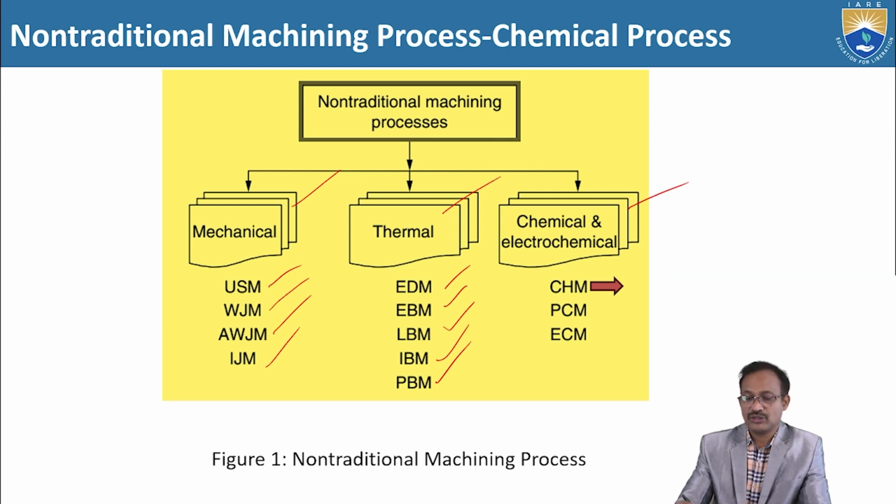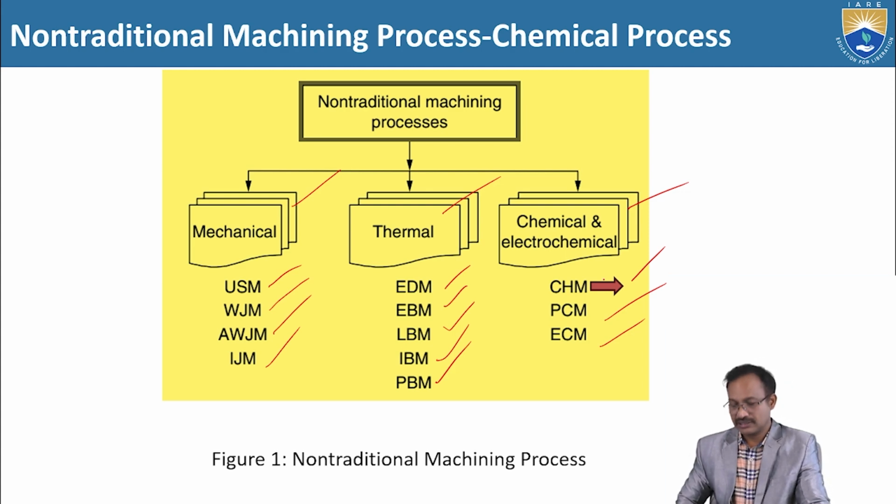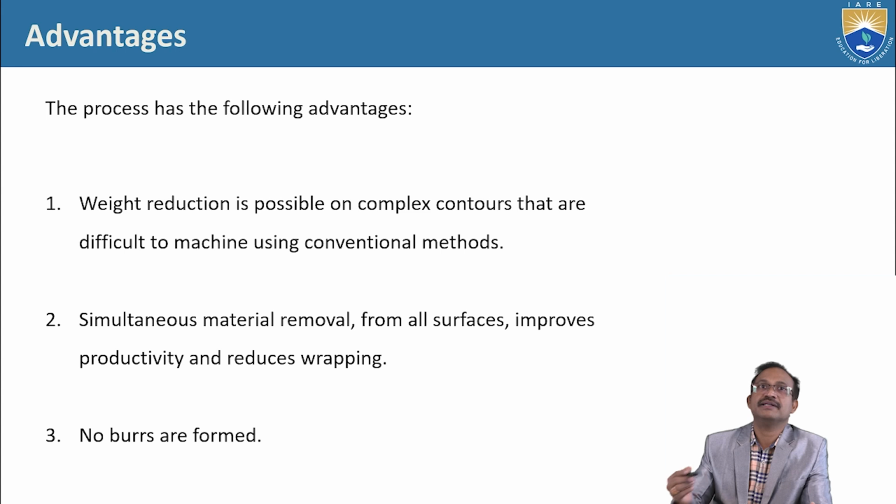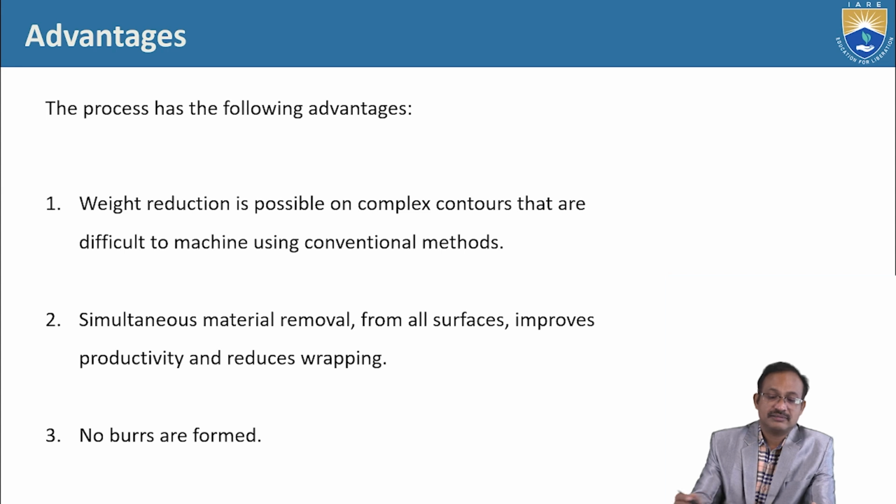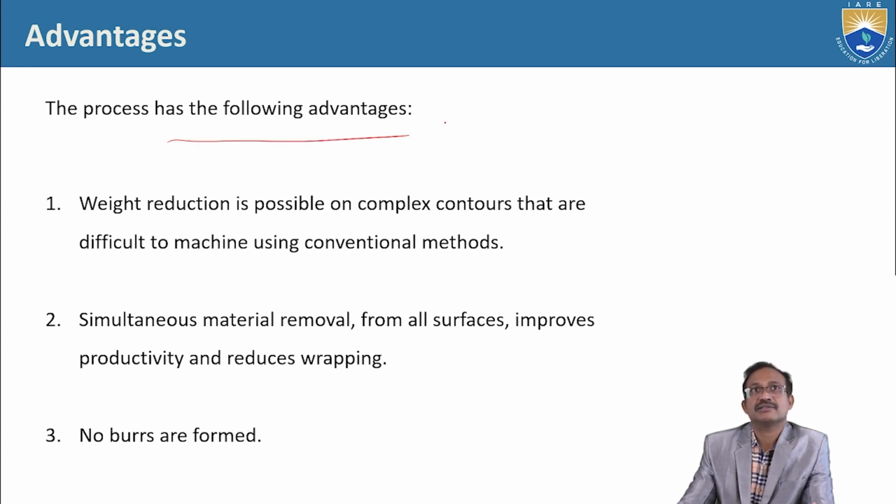In chemical and electrochemical: chemical milling, plasma chemical milling, electrochemical milling. Now let us discuss chemical milling and its advantages. Chemical milling has the following advantages.